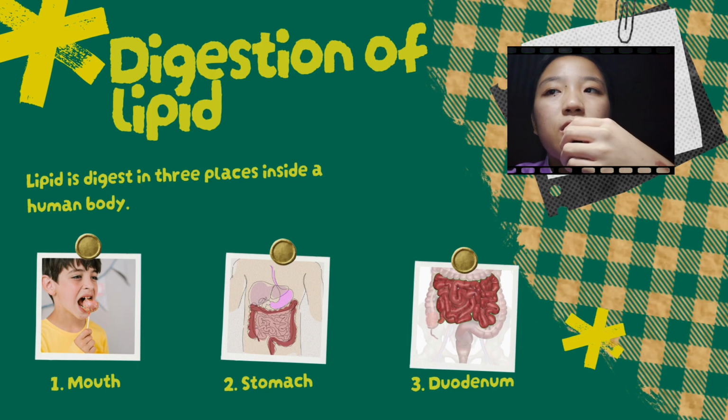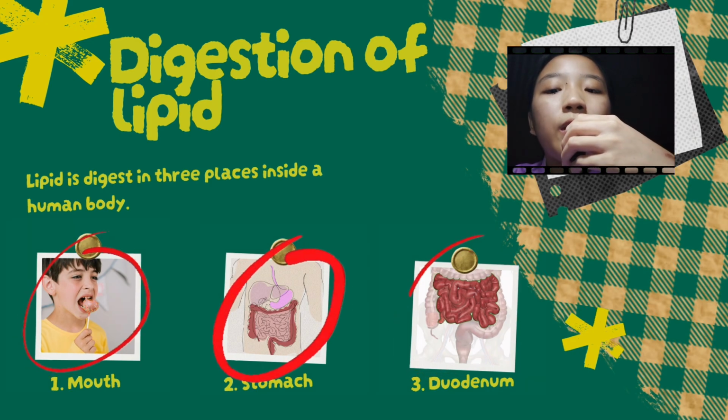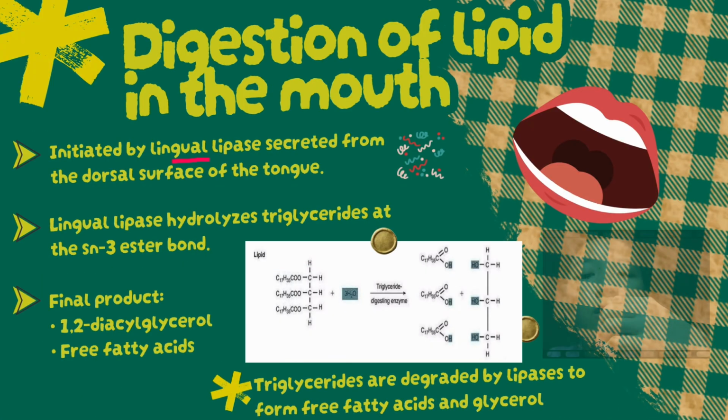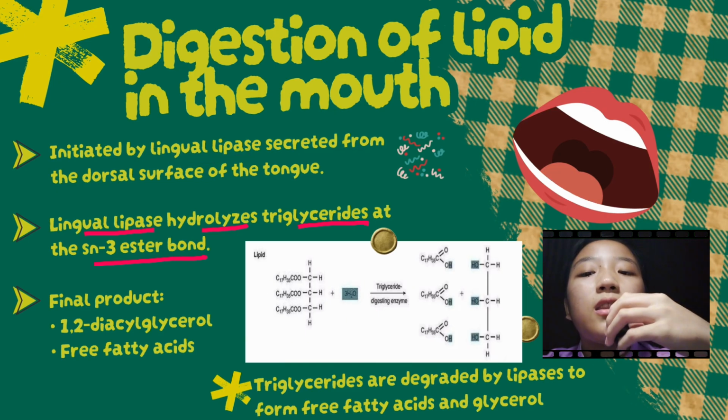Lipid digestion occurs in the mouth, stomach, and duodenum of the small intestine. The process begins in the mouth with lingual lipase secreted by Ebner's glands, which hydrolyzes triglycerides at the sn-3 ester bond, producing 1,2-diacylglycerol and a fatty acid.